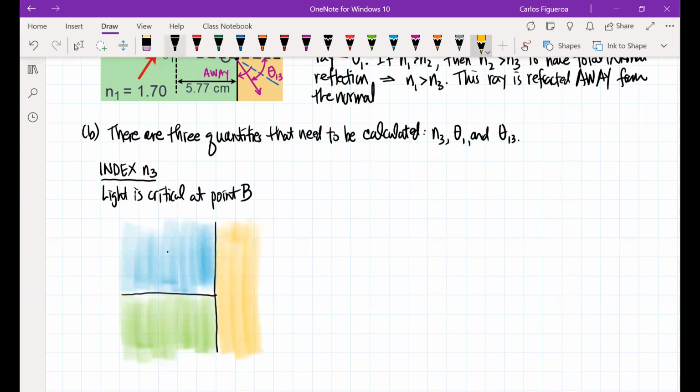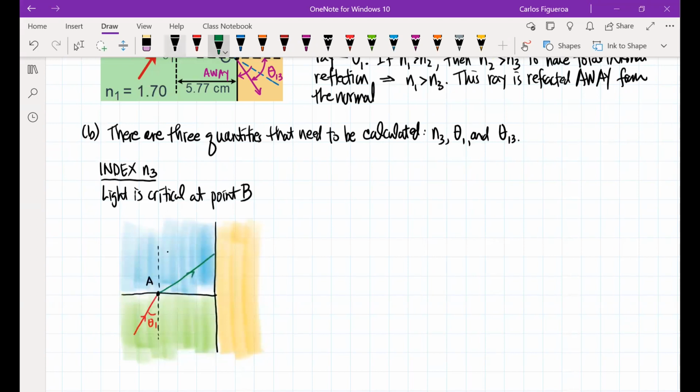So now what am I seeing here? At point A, I know I have a ray that comes in. So now let's look at our normal. So our ray comes in like this. And this angle is theta 1. So then what happens is that this guy gets refracted away.